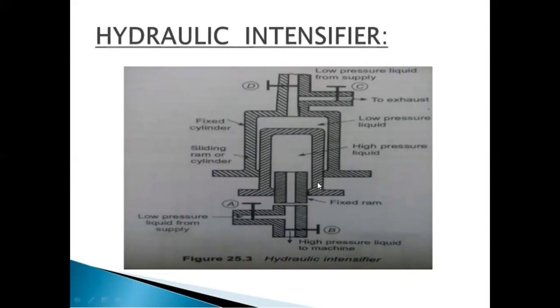In the sliding cylinder or sliding ram, there is another ram which is known as the fixed ram. Here we have three basic parts, and along with them it consists of four valves, that is A, B, C, D.